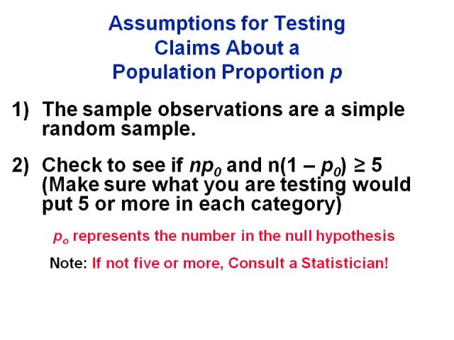Here I've said NP0. P0 is the symbol for the claim percentage. And then instead of Q, I showed it here as 1 minus P0, but keep in mind that once you know a proportion, the Q is 1 minus that, so those are two different notations for the same thing.